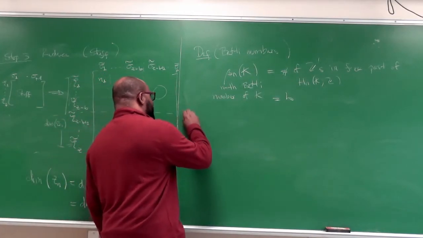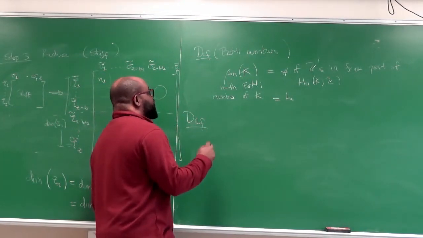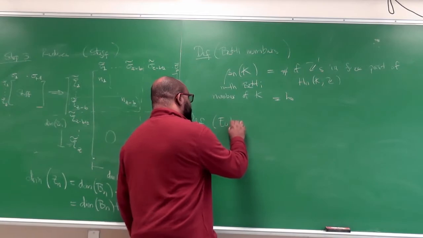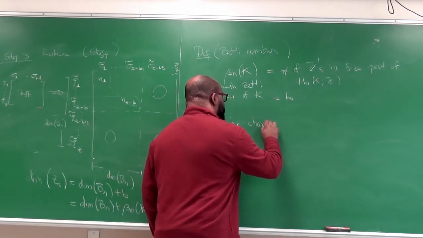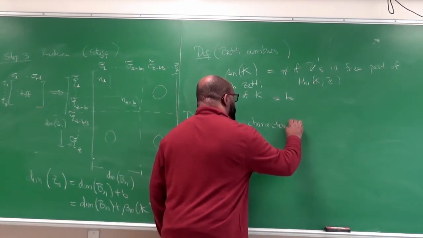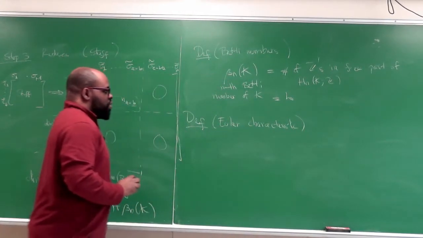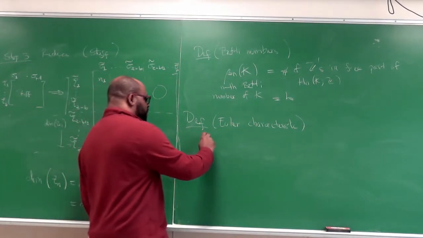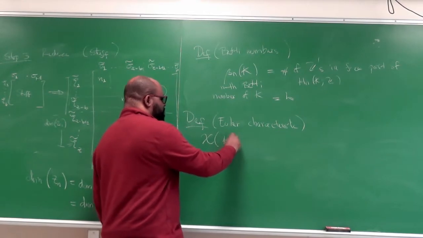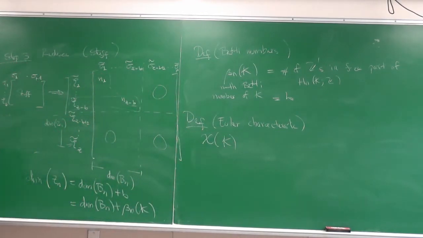I'm going to define now something that we saw again at the beginning. It was the Euler characteristic. So the Euler characteristic chi of a complex, do you guys remember how we did it at the beginning? It was vertices minus edges plus faces. So what do we do now?